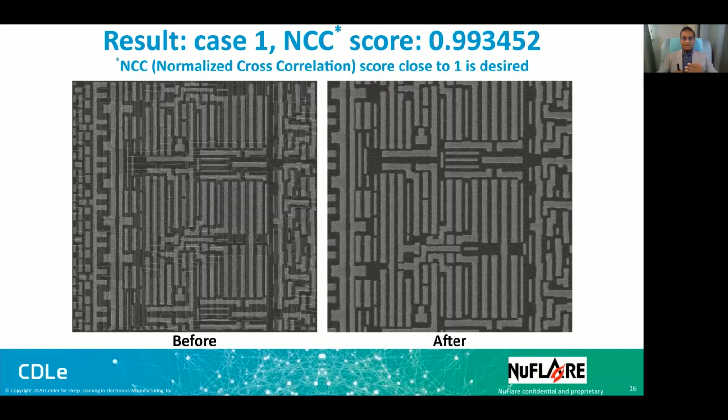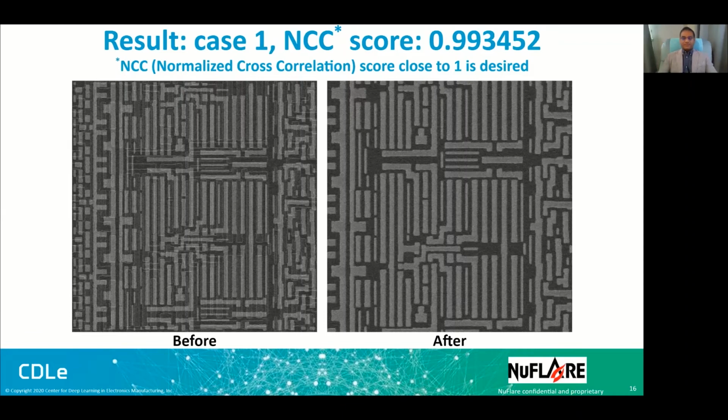Similar image here, before alignment, which has solid and blurriness, and after alignment, we have only solid impression. Now for quantitative measurement, we used a score called NCC, which means normalized cross correlation.